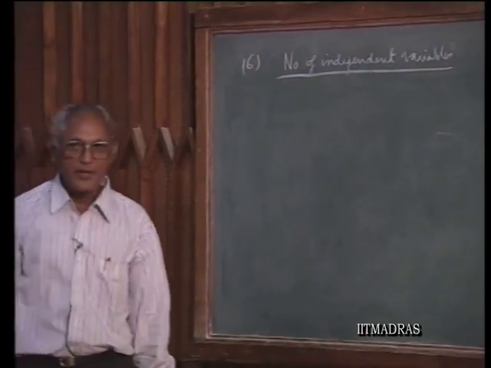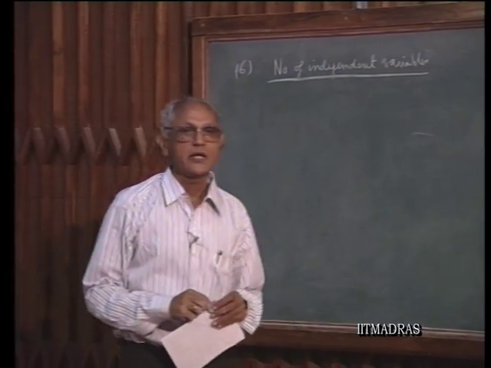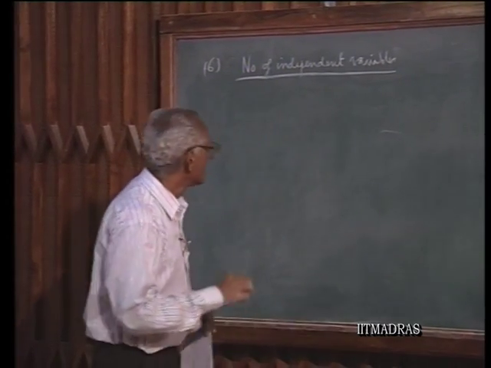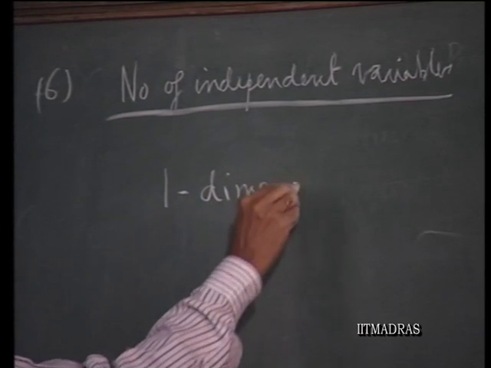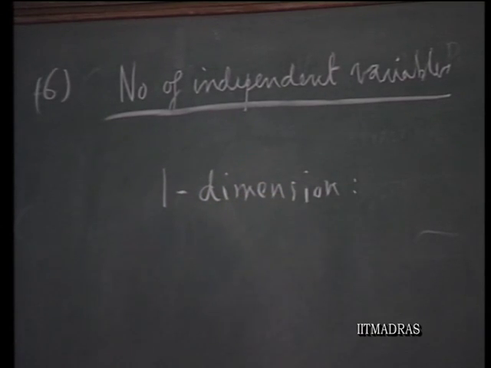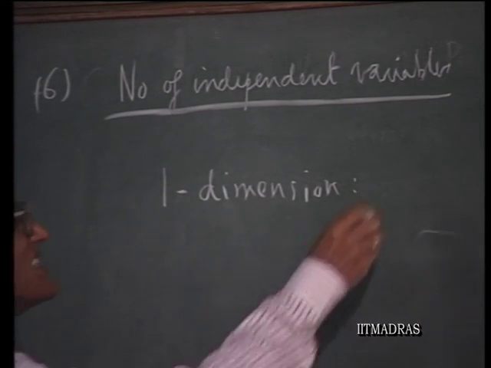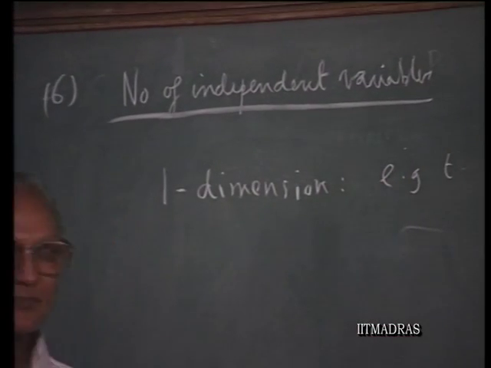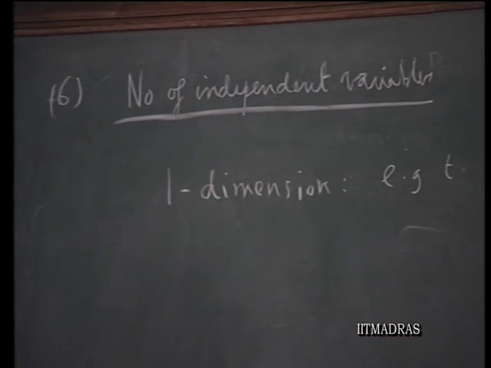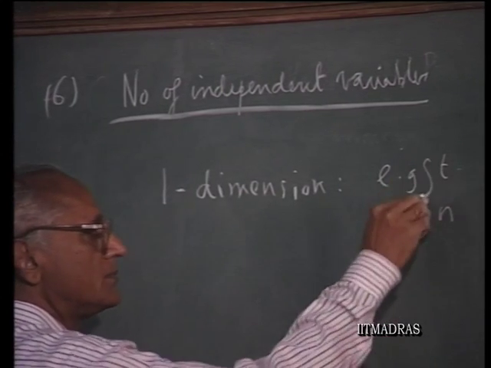And this number of independent variables is also referred to often as the dimension of the system. So, one dimensional systems. The transients in electrical circuits are one dimensional systems because t is the independent variable, for example, t or n in the case of a discrete time system.